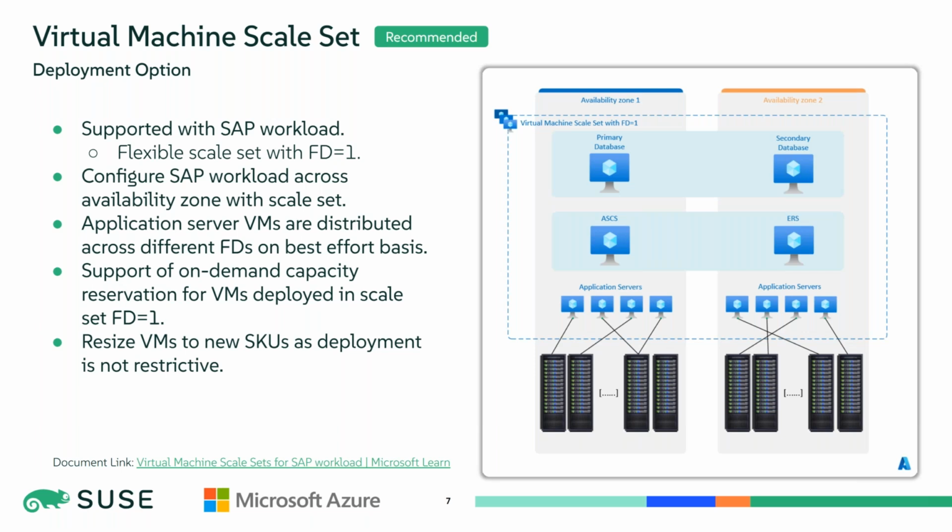So if you are restricted to a single location and a new VM is provisioned in a different data center, you won't be able to leverage it because of the restrictive nature of your deployment. But if you are doing a zonal deployment, using virtual machine scale set with zonal deployment, you can resize the VM to newer SKUs as the deployment is not restricted.